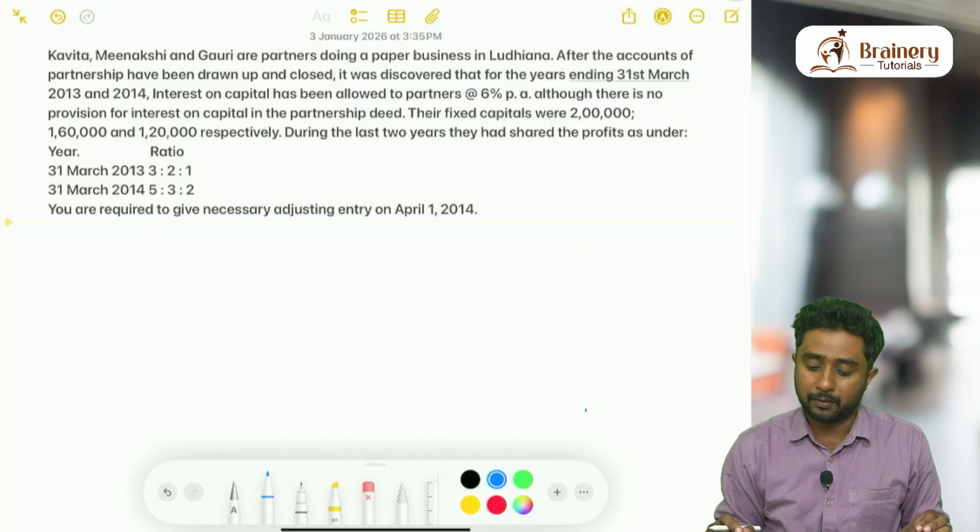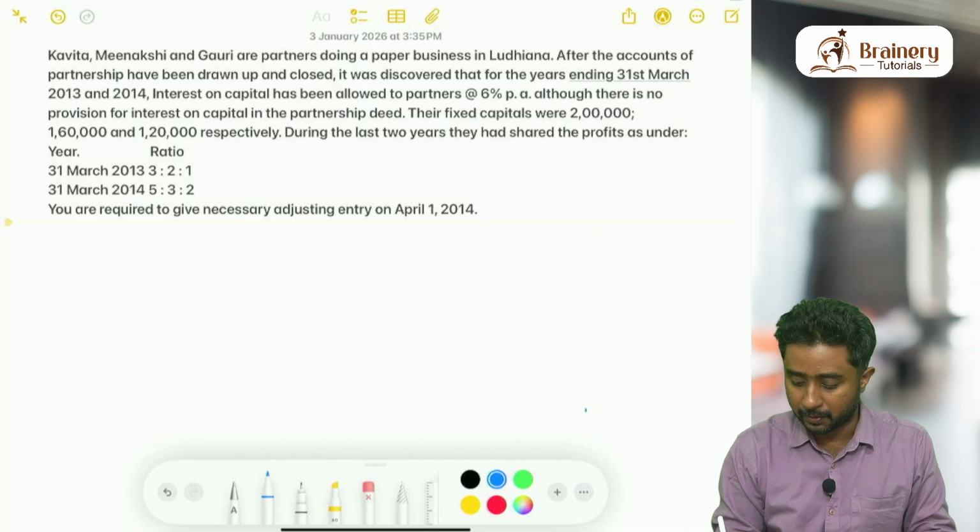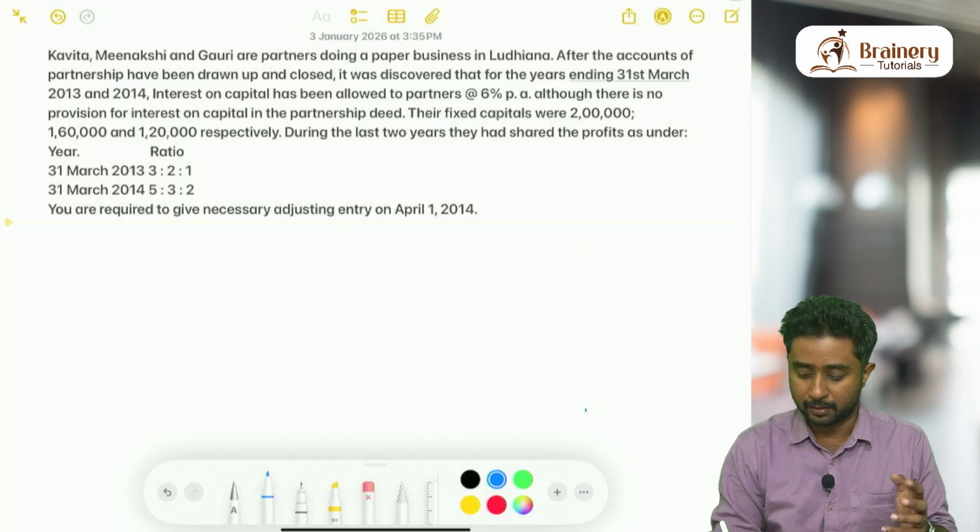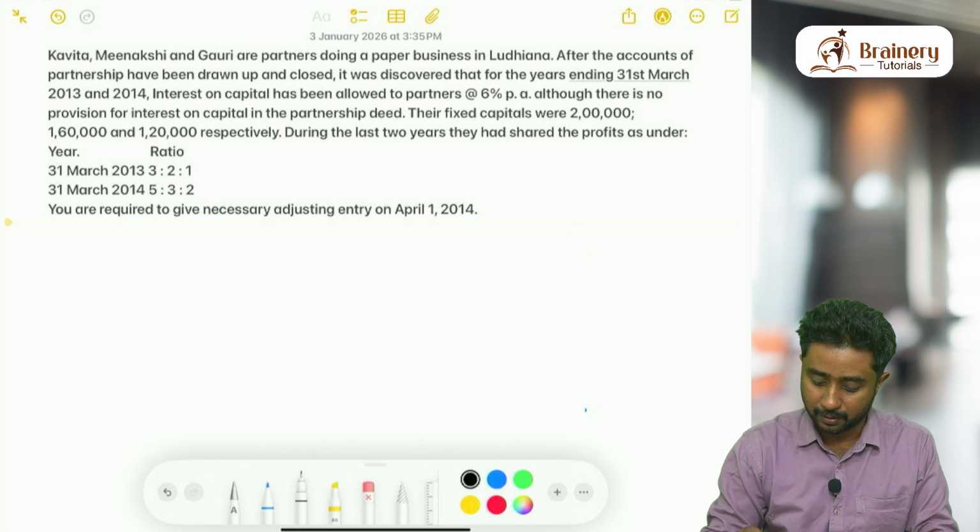So the first thing that you have to do when you are solving this kind of question is, first we need to assume a net profit. We are discussing a different method for solving this question.